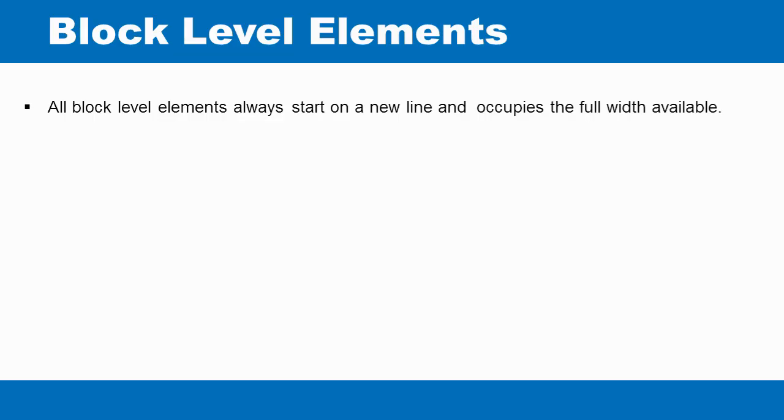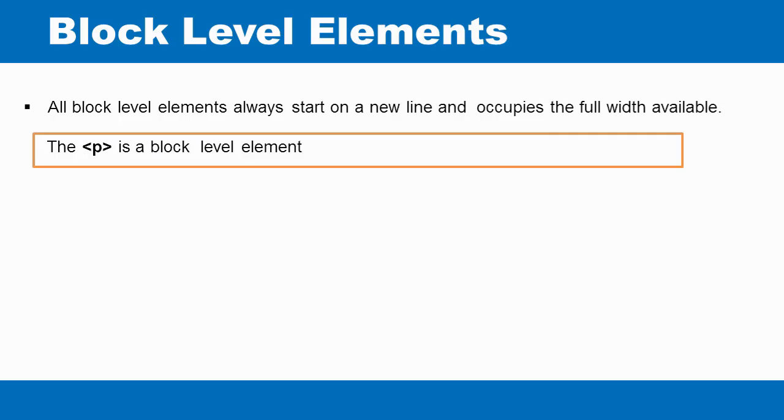The paragraph element, or the P element, is an example of a block level element. So it occupies the entire width available and it will stretch out far to the left and to the right as far as it can.